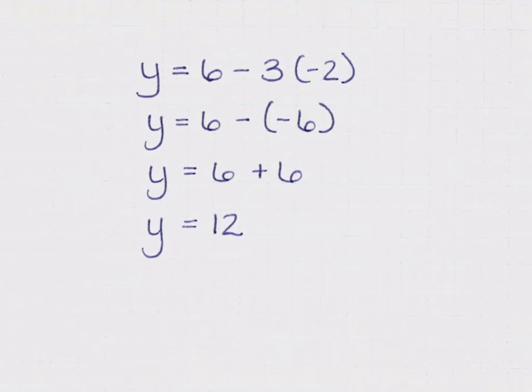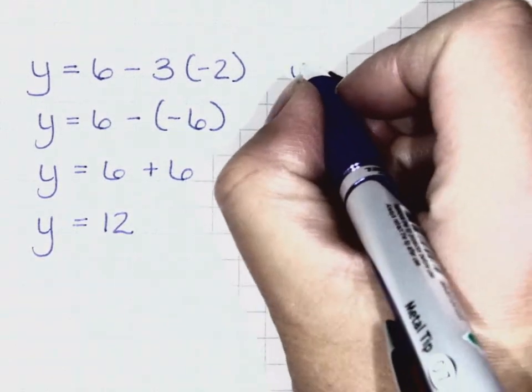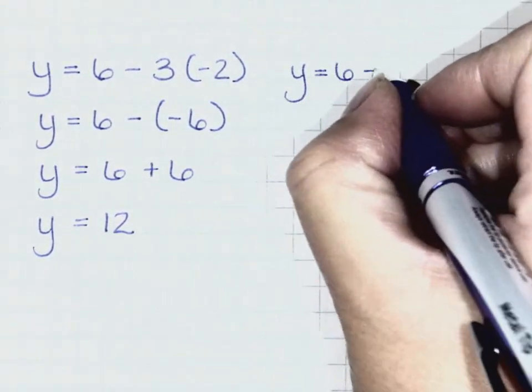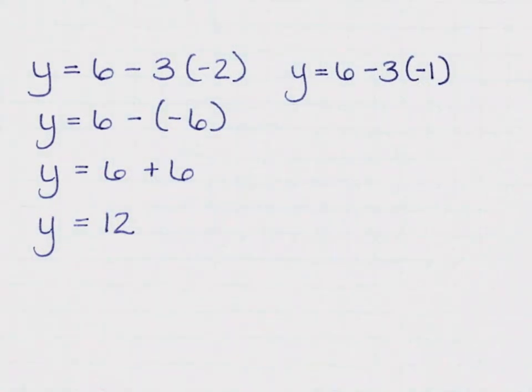If I do -1, what's -1? So if I want to do -1, I'm just going to put the same equation. The only thing I change is that x.